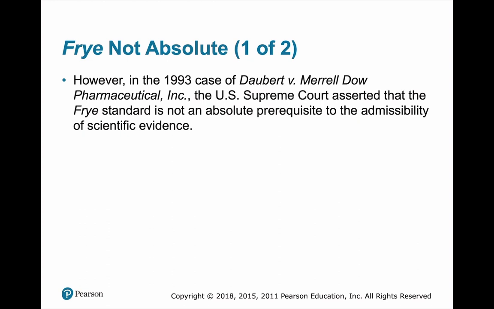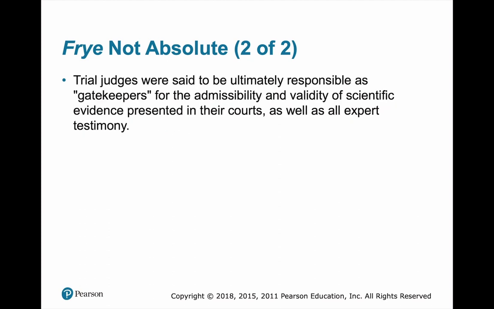However, in 1993, in Daubert versus Merrell Dow Pharmaceuticals, Incorporated, the U.S. Supreme Court asserted that the Frye standard is not an absolute prerequisite to the admissibility of scientific evidence. It shouldn't be black and white. There shouldn't be a lot of gray area. Trial judges were said to be the ultimate responsible gatekeepers.